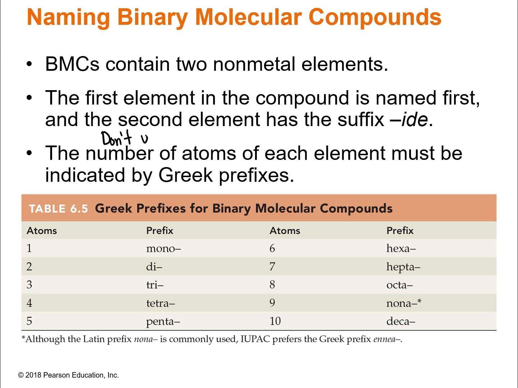We don't use mono for the first element. So if there's only one of the first element, you just write the element name, and I'll show you an example of that.